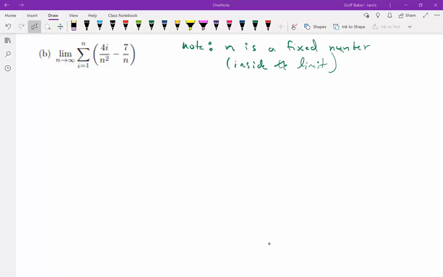So yeah, this is a bit different than you've probably seen before. But the idea here is, and we're going to be doing a lot of this later, let's first just look at everything inside the limit.